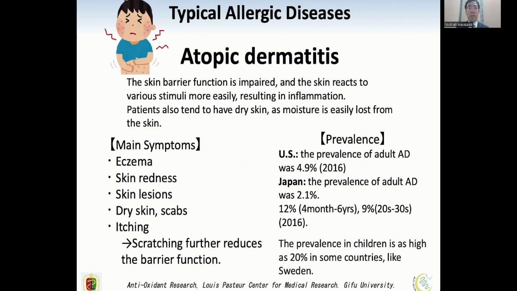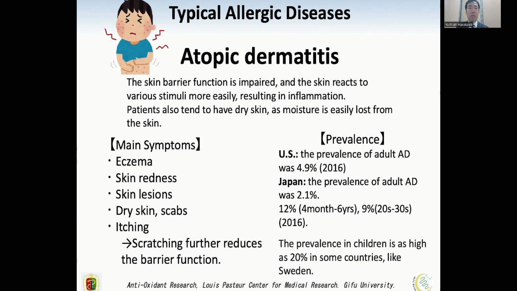Next is atopic dermatitis, another very popular allergic disease. It is a disease in which the skin barrier function is impaired, causing the skin to react to various stimuli, resulting in inflammation. Patients with atopic dermatitis also tend to have dry skin, as moisture is easily lost from the skin.